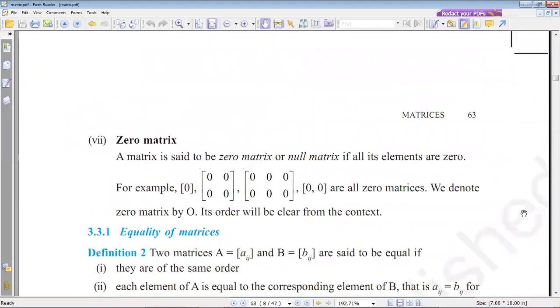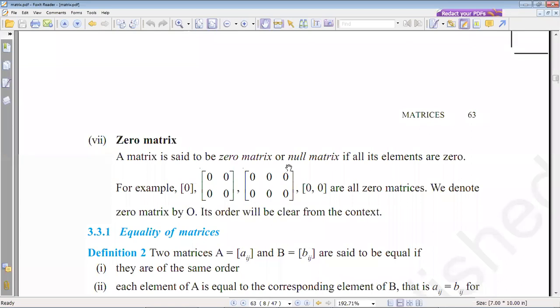So now zero matrix. Zero matrix means if all the elements of a matrix are equal to 0, then the matrix is called a zero matrix.